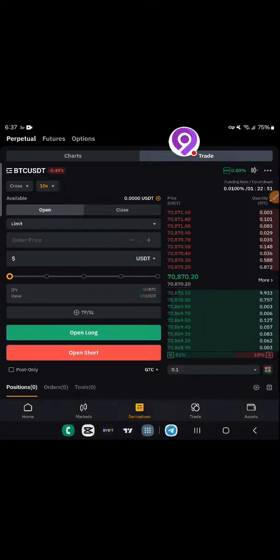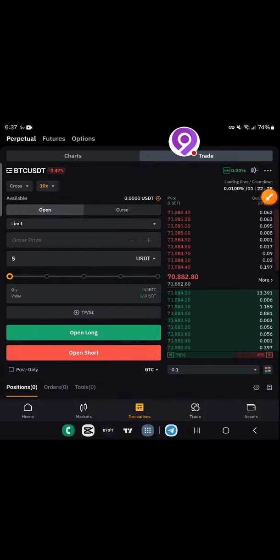Depending on your analysis, you then click on either buy or sell, and wait for your order to trigger. If you're going short, just click on open short. If you're going long, just click on open long, and that's all.